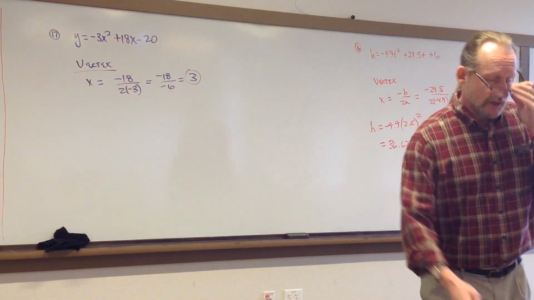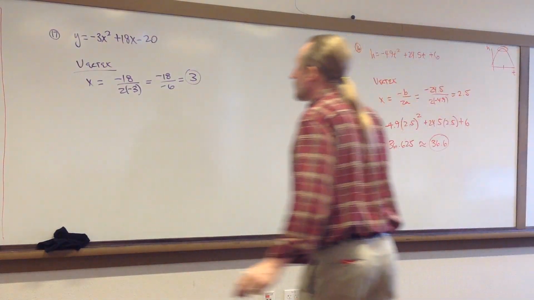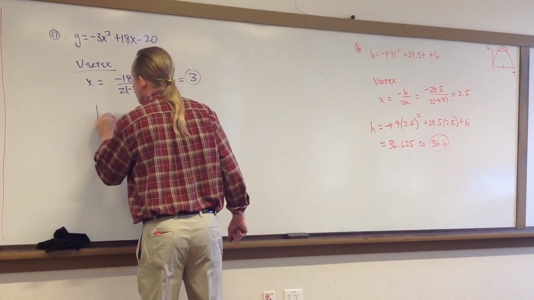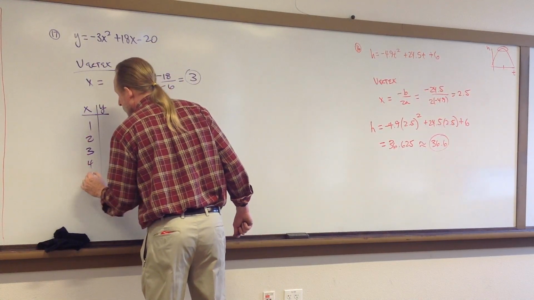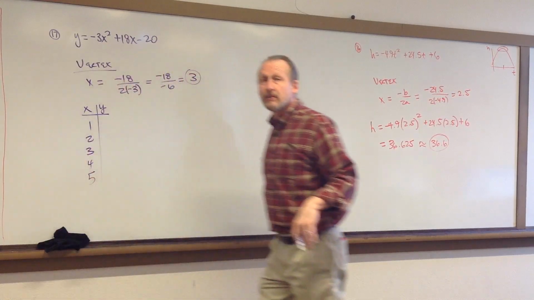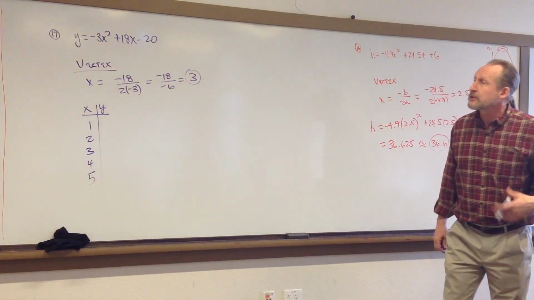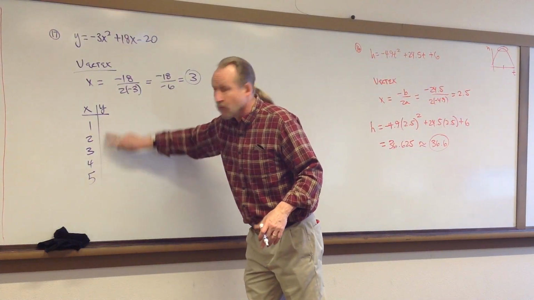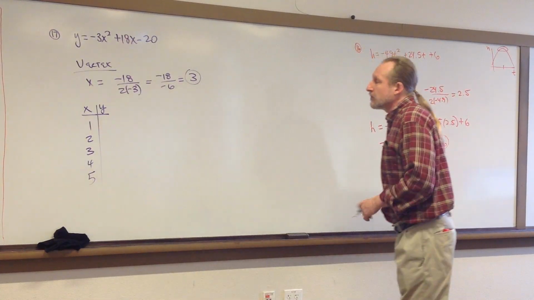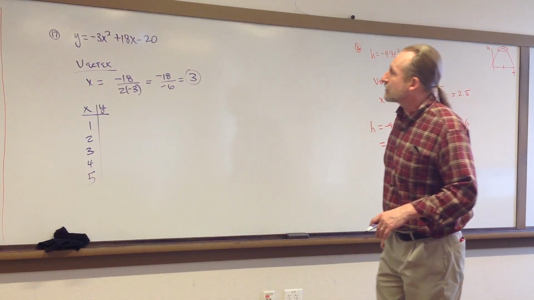Okay, well that's good to know. So now we can make a table of values for x and y. 3 is going to be the vertex, and I'll pick 2 points on either side. And because of the symmetry of the parabola, usually we only have to do 2 of these 4 calculations. I always check them anyway just to make sure that they match up.